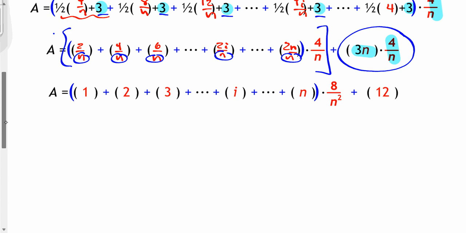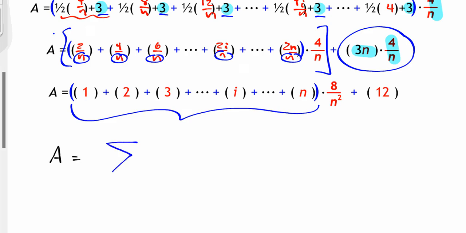All right. Now, guess what this is? We could summarize it with sigma notation and say our area is the sum from i equals 1 to n of i, right?